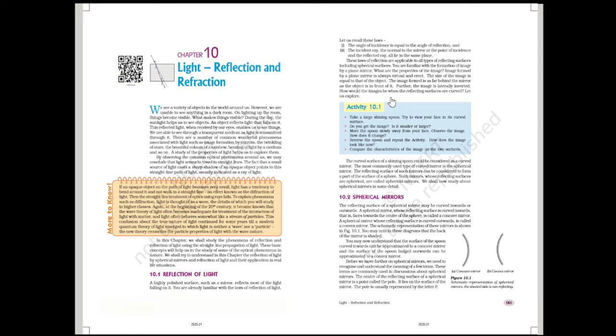How would the image be when the reflecting surface is curved? To understand this, we can see an image in a spoon as well. It is a day-to-day thing we are using. So activity 10.1 is basically based on this only.